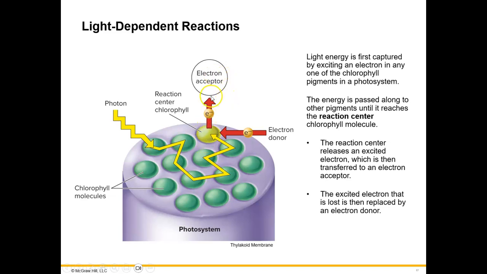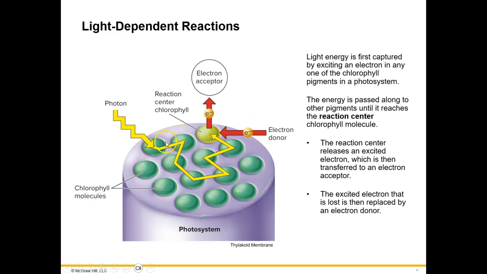Because we got rid of that electron in this system, we also need an electron donor. And that's where water comes in. When we break up those water molecules, we have an excess electron that can be donated here. And then we're able to get rid of the excess oxygen left over because we can expel oxygen through the cell membrane that will then be expelled through the stomata of plant leaves.